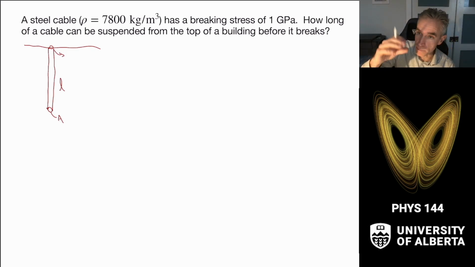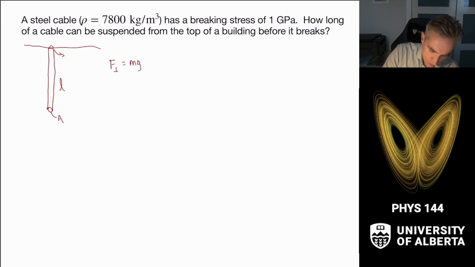At that point, below it, there's going to be a force pulling downward that's equal to the weight. So the force perpendicular, which goes into the stress, is just the weight of the cable, and the stress is F perpendicular over A. The mass of the cable is the volume times rho, so it's rho times V times g over the area, and the volume of the cable is just the area times the length, so it's rho times A times L times g all over the area.